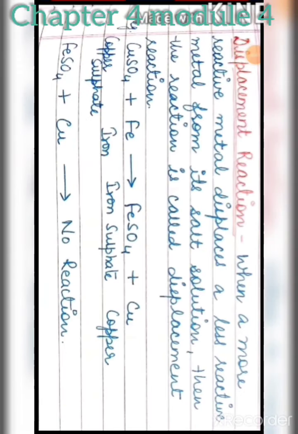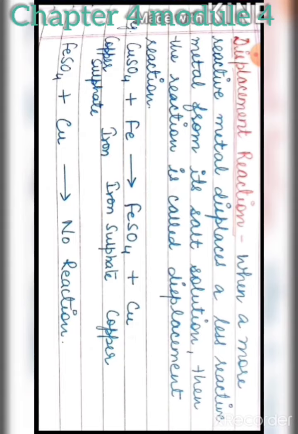Now, students, a displacement reaction is a reaction in which a more reactive metal displaces a less reactive metal from its salt solution. Then the reaction is known as a displacement reaction. An example is copper sulfate plus Fe, that is CuSO4 plus iron will give FeSO4 plus Cu. That means copper sulfate is a salt solution.